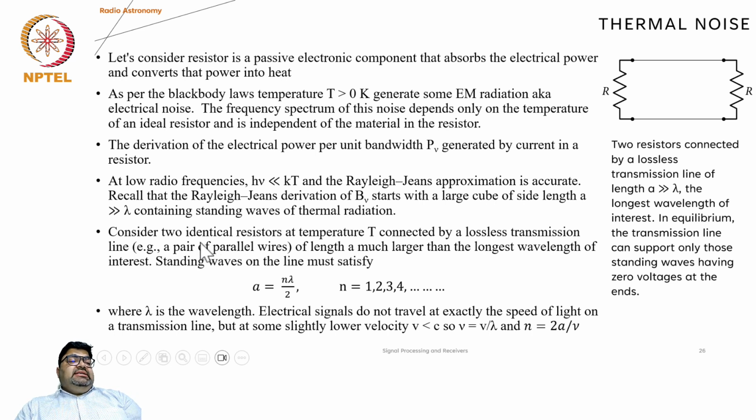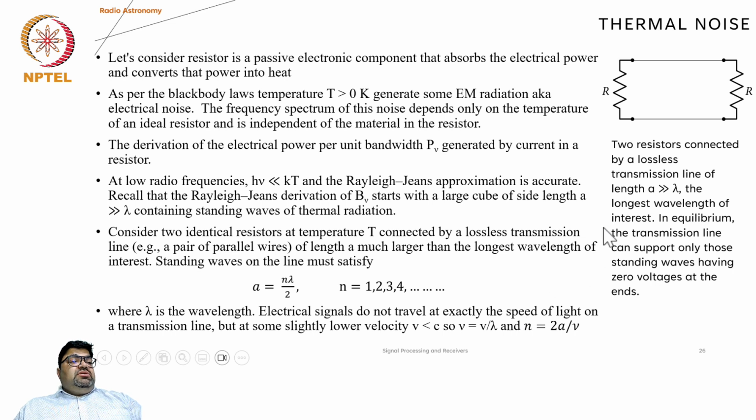Consider two identical resistors at temperature T connected by a lossless transmission line, a pair of parallel wires of length a much larger than the longest wavelength of interest. Standing waves on the line must satisfy a equals n lambda over 2, where n is 1, 2, 3, 4, and so on, where lambda is the wavelength. Electrical signals do not travel at exactly the speed of light on a transmission line, but at some slightly lower velocity than that.